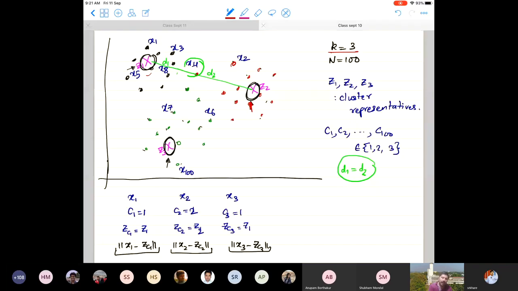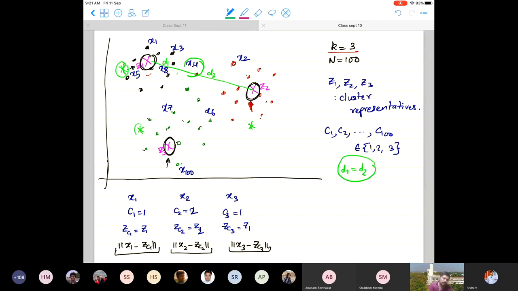For example, I could have fixed the cluster representatives in this particular way as well, and you cannot really say no to it. I could have fixed these 3 cluster representatives, the 3 green stars, and then I can do the cluster assignment based on these 3 also.